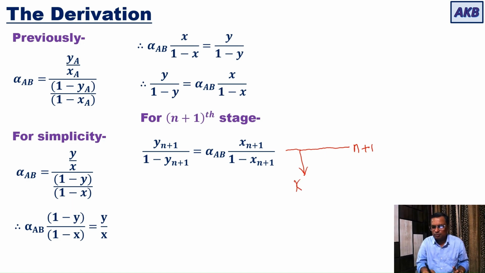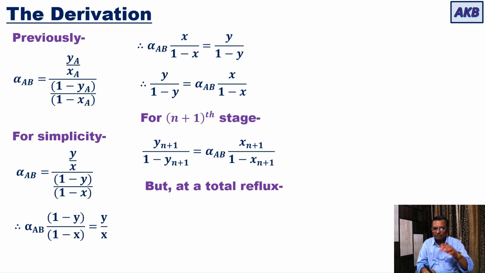The mole fraction of A in this will be xn plus 1, and then you have vapor leaving this stage. The mole fraction of A in it will be yn plus 1. In this way, you can write the equation for the n plus 1th stage. Let me first erase this. I hope you have understood how we are writing the equation for the n plus 1th stage.